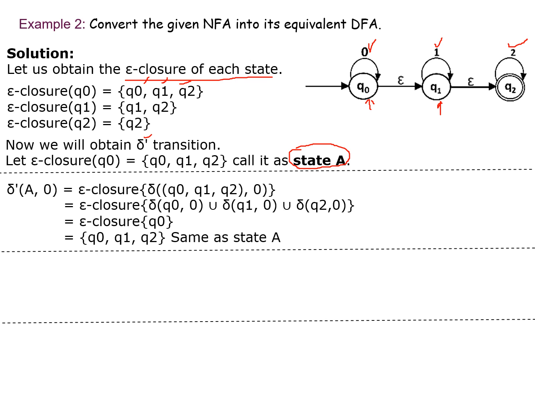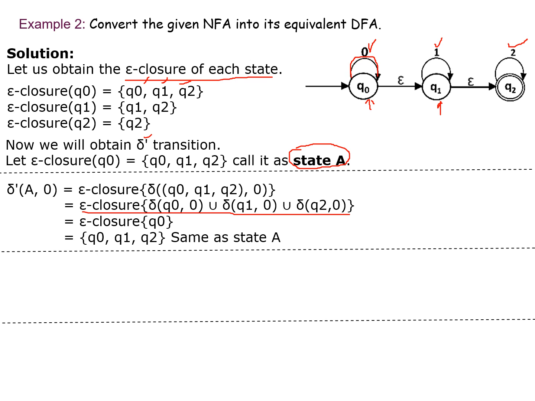Delta dash of A comma 0 means E closure of Q0, Q1, Q2 on 0. We can split it like this: Q0 on 0, Q1 on 0, Q2 on 0, and take the union. Q0 on 0 goes to Q0 itself.